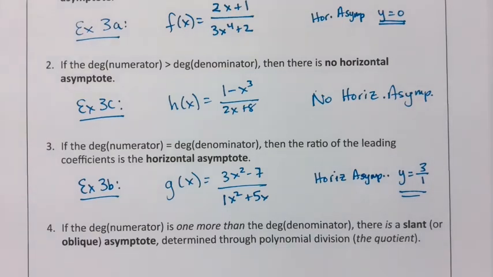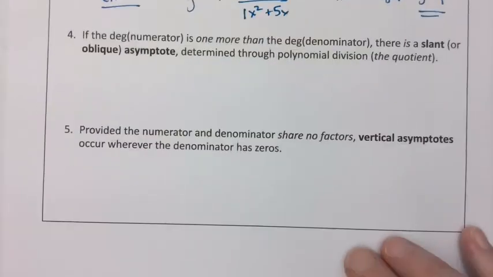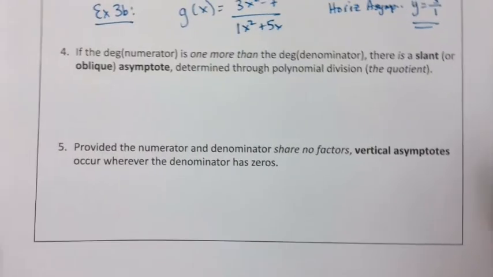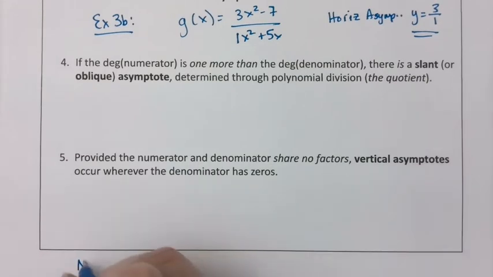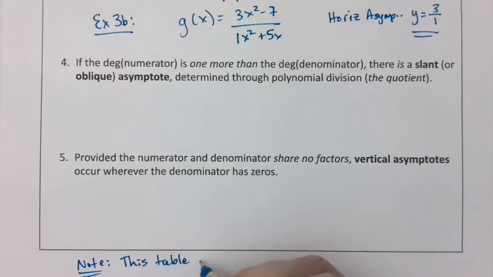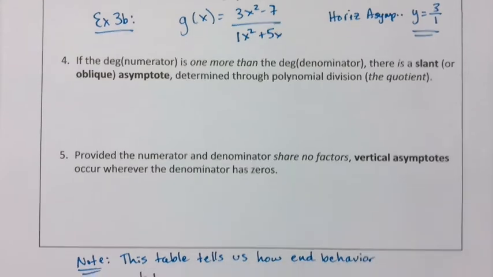All right, again, just using this little trick doesn't count as analytical work. In fact, I'm going to make a note of that down here. So this table tells us how end behavior works, but it does not count as analytical work for the sake of exams or something like that.